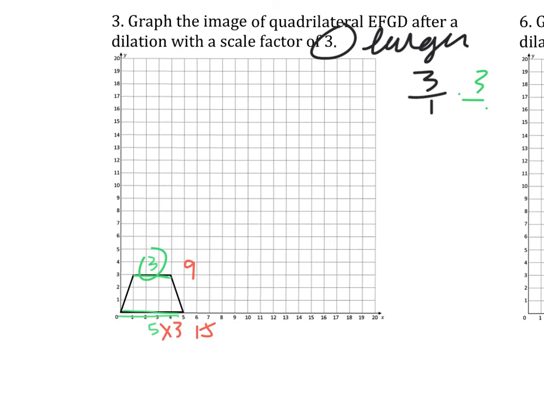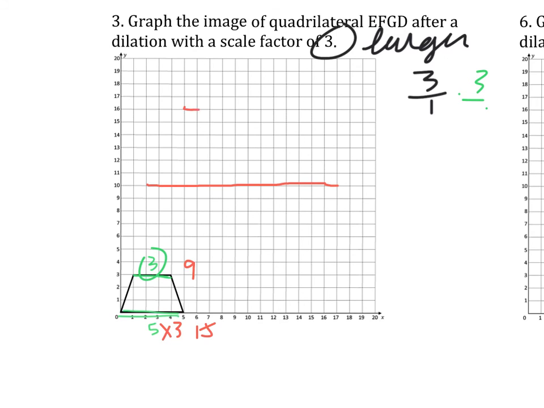So I'll just start right here. I'll do 15 first. 1, 2, 3, 4, 5, 6, 7, 8, 9, 10, 11, 12, 13, 14, 15. Okay. And then the one up top here has to be 9. And it goes over 1, so it's going to go over 3.